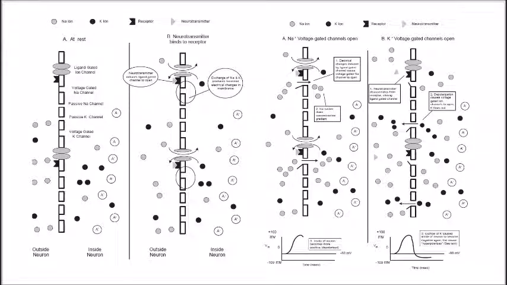So with these channels open, the sodium rushes in. We see at the graph at the bottom that the membrane becomes more positively charged, and this phenomenon, the depolarization, then triggers the opening of the voltage-gated potassium channels, and that's in the final pattern.